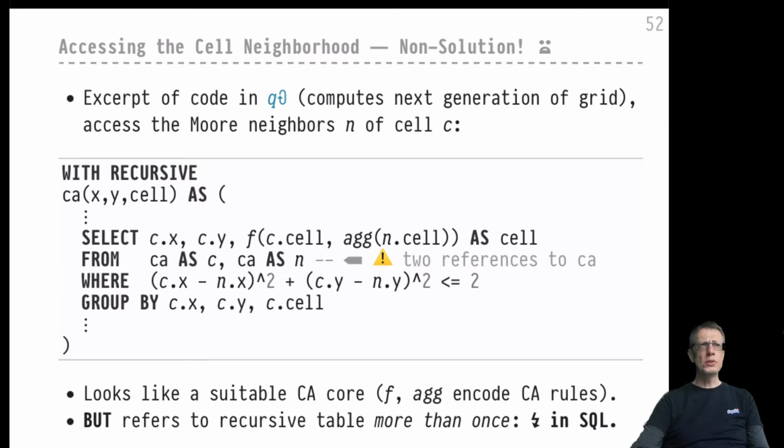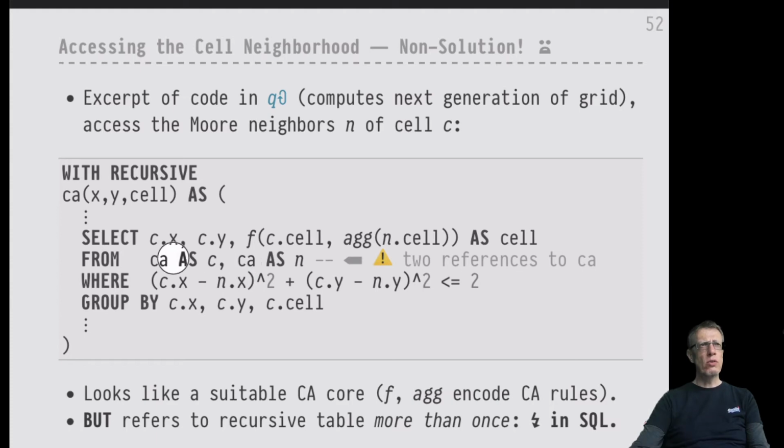All of this looks really well organized and simple, but indeed it would be illegal to write this particular SQL code, and the reason is here. It's the second reference to the recursive table. There's one reference here, and we always had that. Of course, QLoop has to access the state of the last iteration, but the QLoop query may only access this particular state once. You may not access it twice or 3 times or whatever.